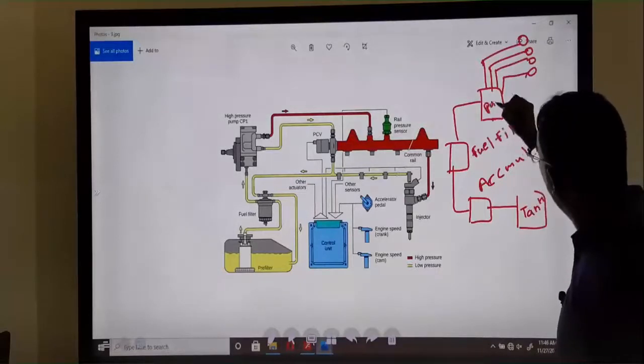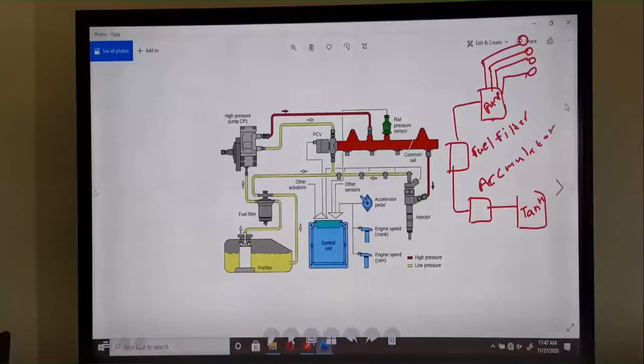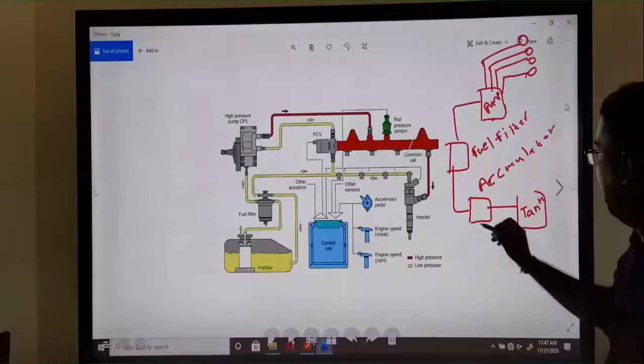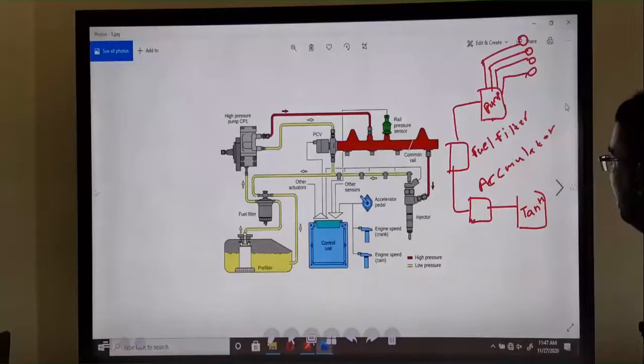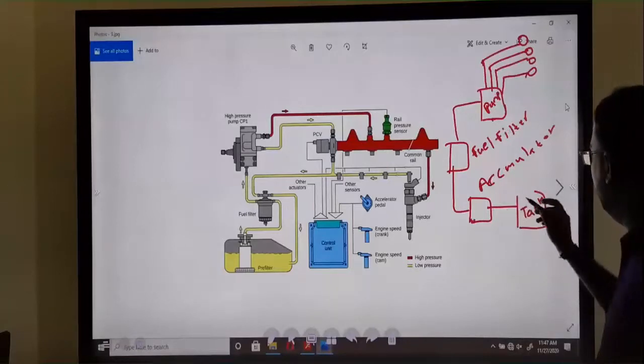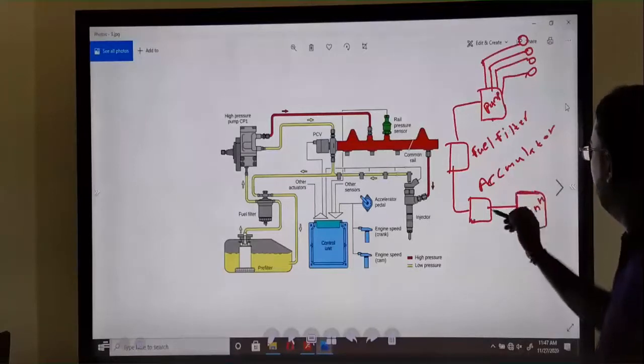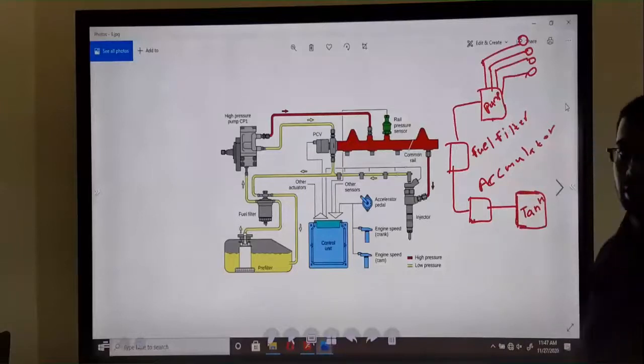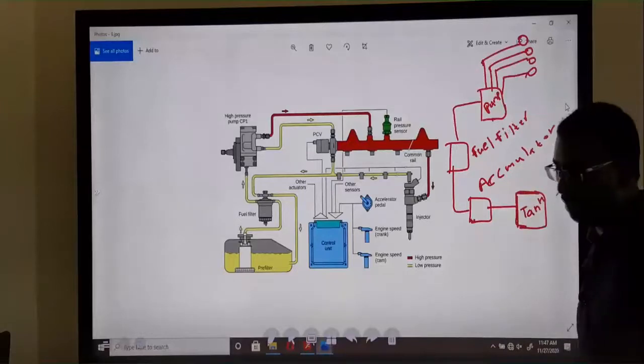This is the fuel pump. So what is the use of this accumulator? Normally in the old vehicle, before the fuel filter, the accumulator is connected with the supply line. This is the same as our water pump.